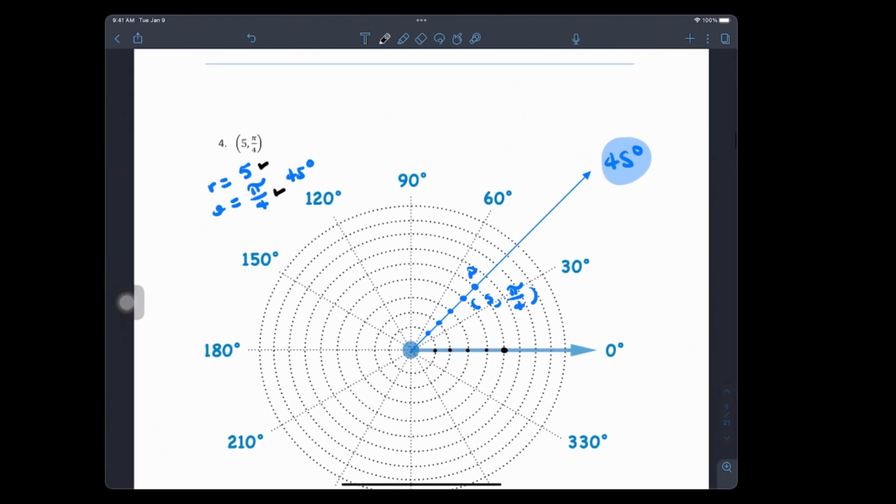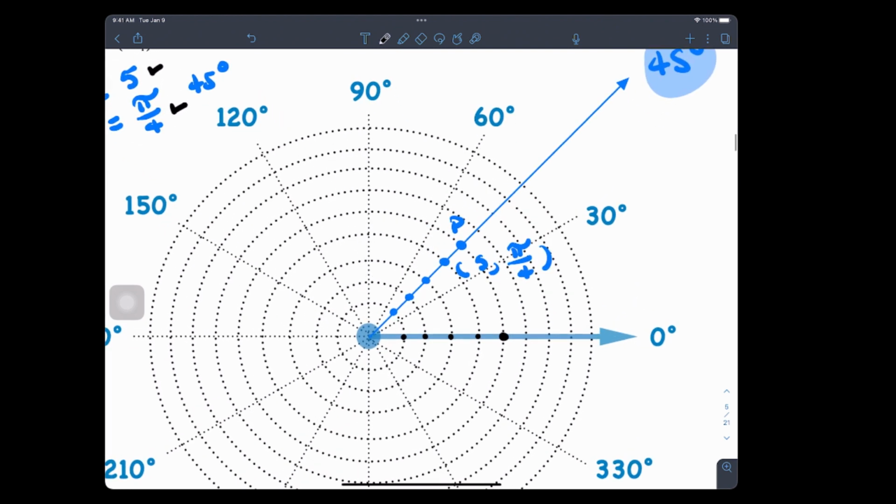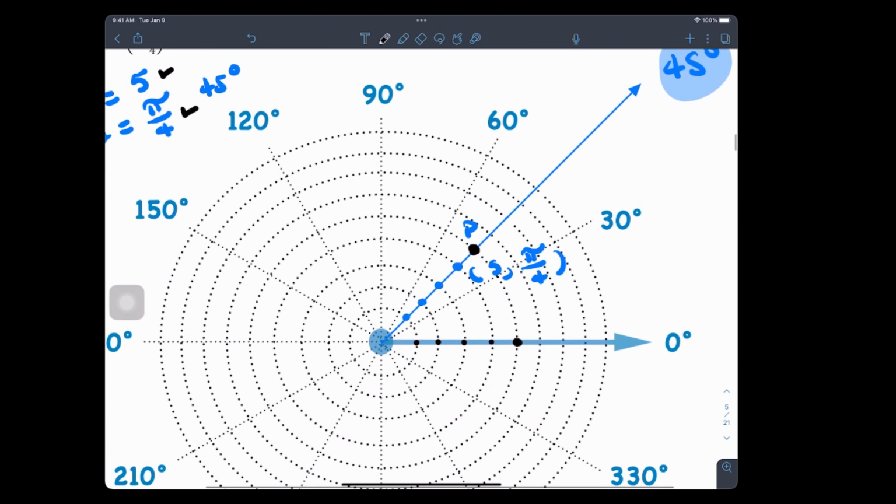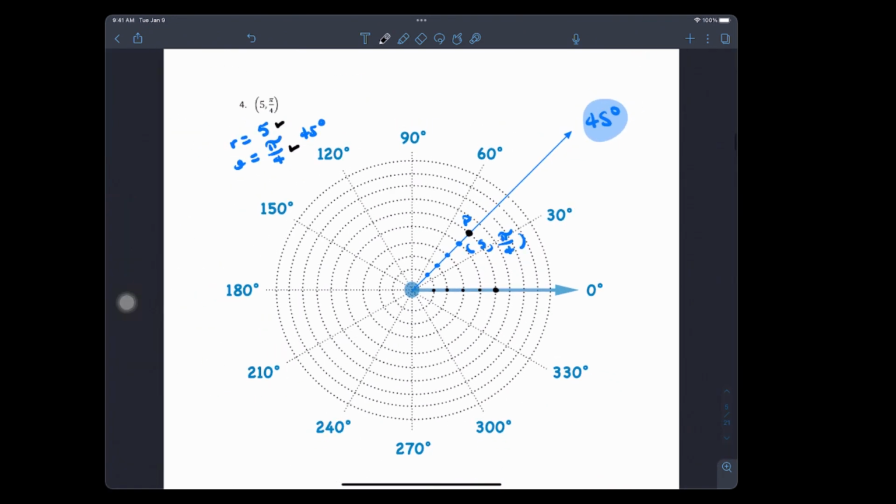So there's your R being 5. And if you rotate that ray 45 degrees, you're doing it in order. You're reading the radius first, and then you're rotating that polar axis 45 degrees. Notice you get the same location here. So I just want to let you guys know that.